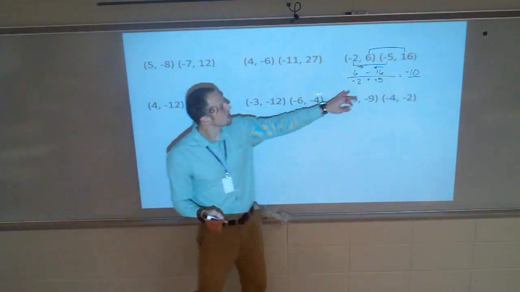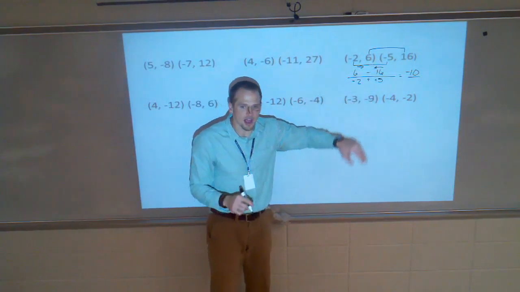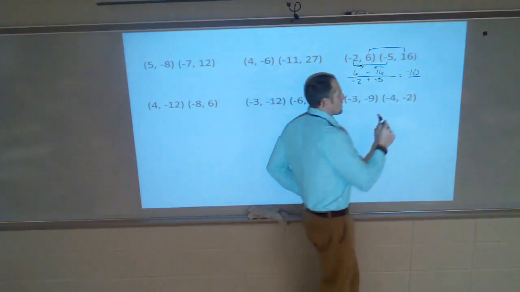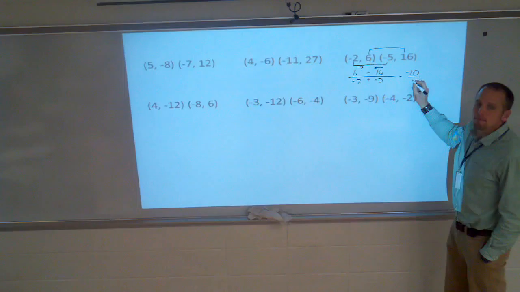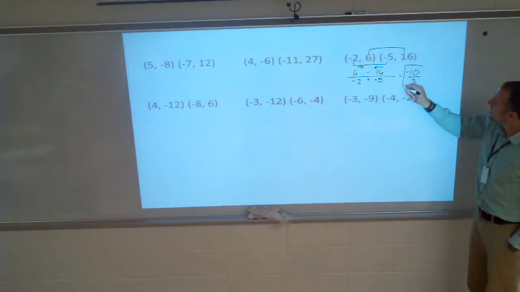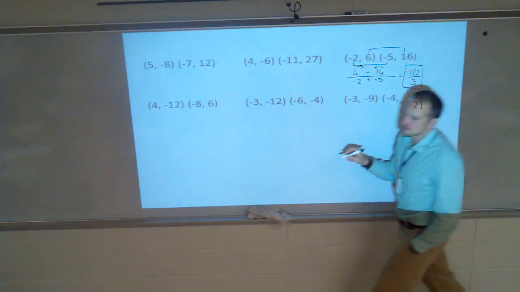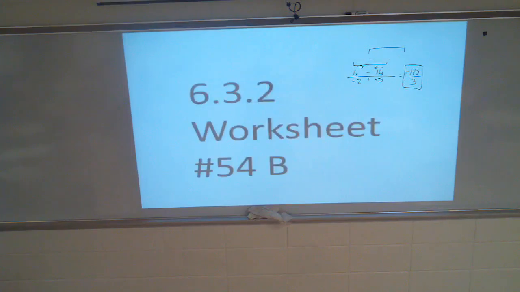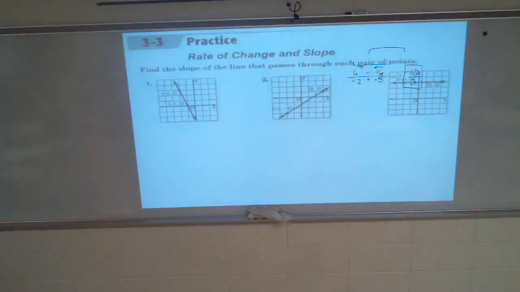And Kenlin, what is negative 2 plus 5? If I go back 2 and come up 5, where am I? Positive 3. Very good. So, here's my answer. Negative 10/3. Now, today's lesson is going to be doing the exact same thing, kind of.